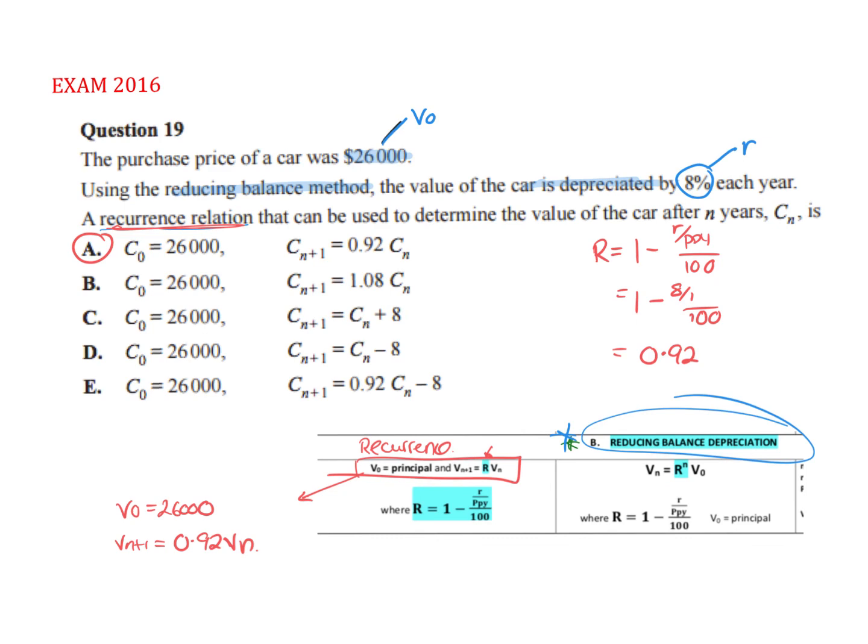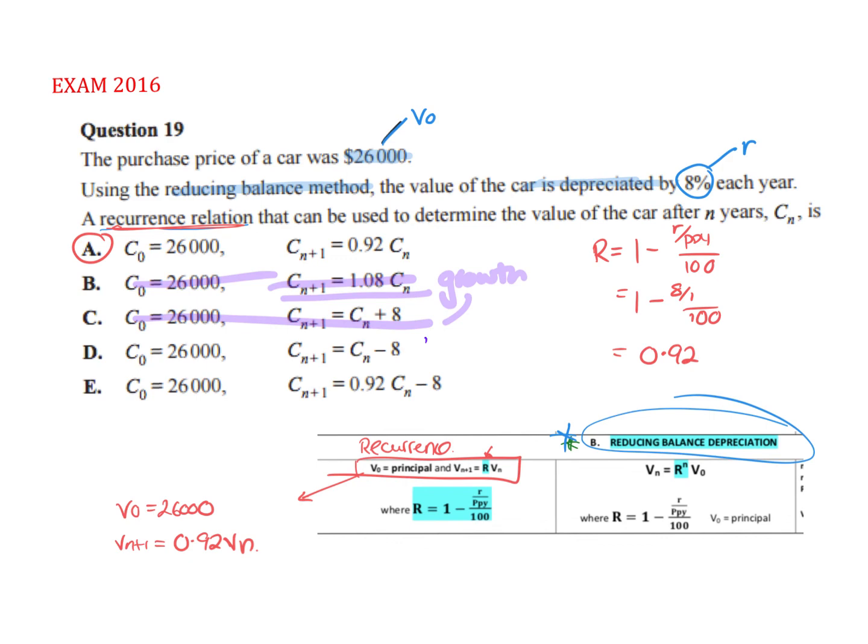Now, other ways you could have got around this without even actually calculating that part. Because if you have a look, I could have eliminated a fair few of them. This one, is that depreciating? That's growth. So we could get rid of that answer. This one also is growth. Now this next one here, this is like a flat rate depreciation, yeah?